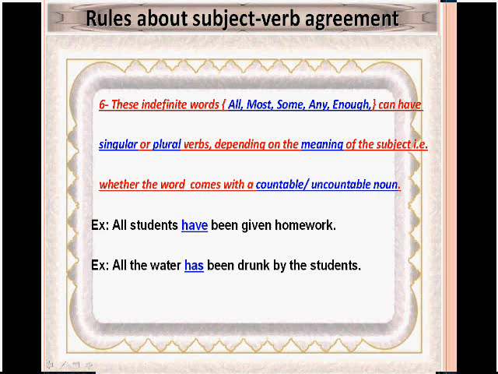But in the second sentence, all again, and then I have the water, and of course the water is an uncountable noun. I can't count the word water, then the verb is singular, so it's of course singular form of has in the present simple tense, has.